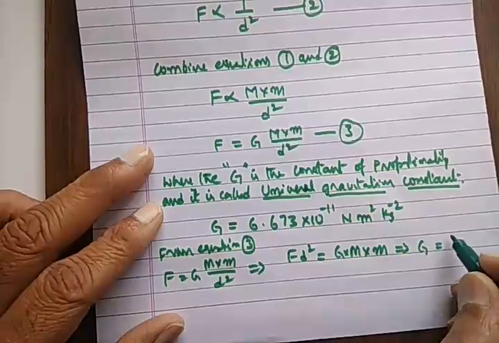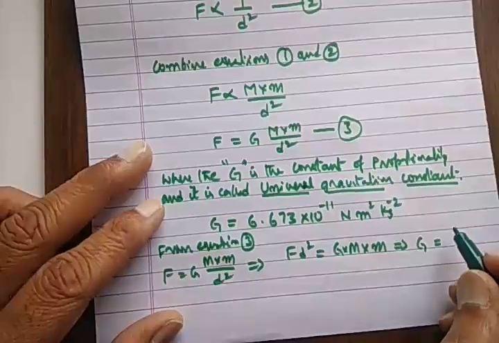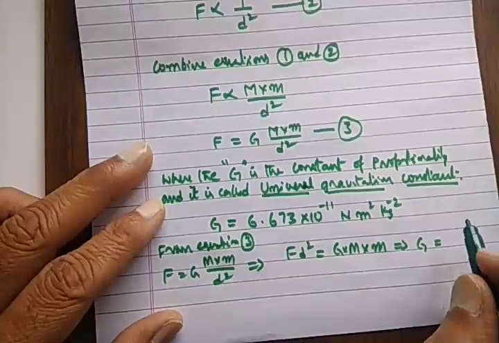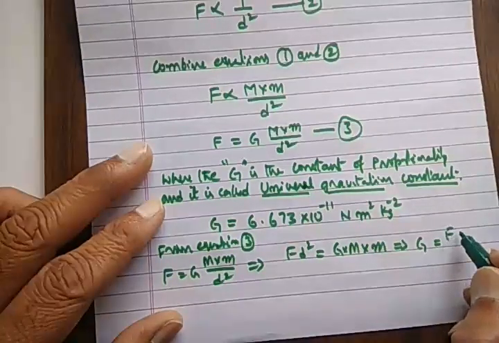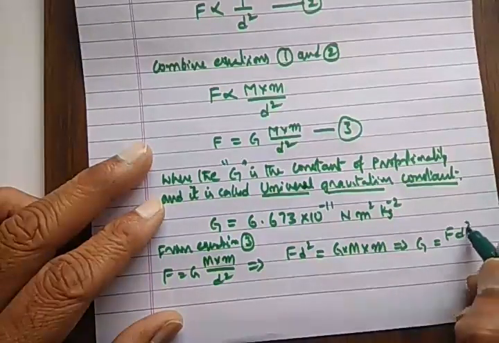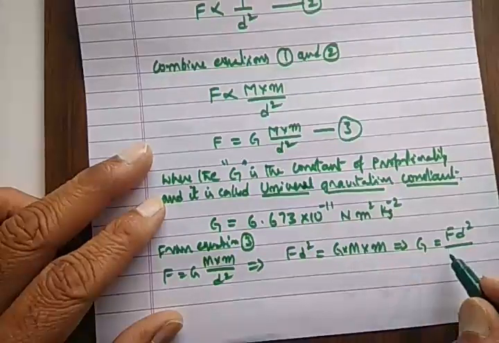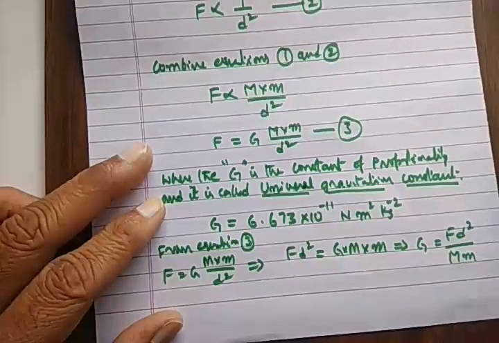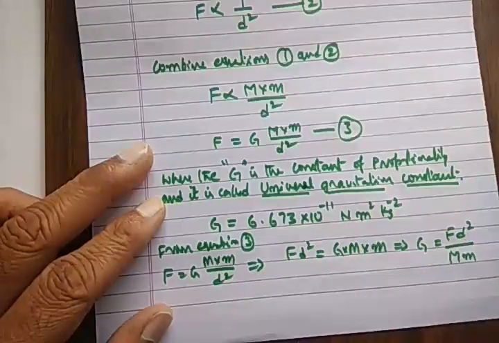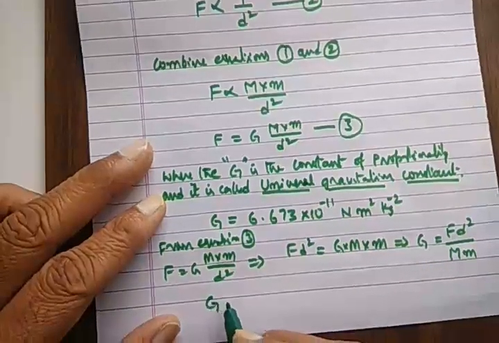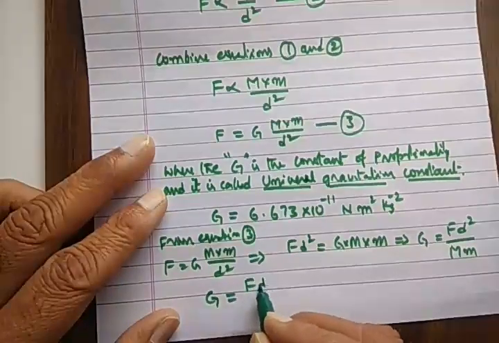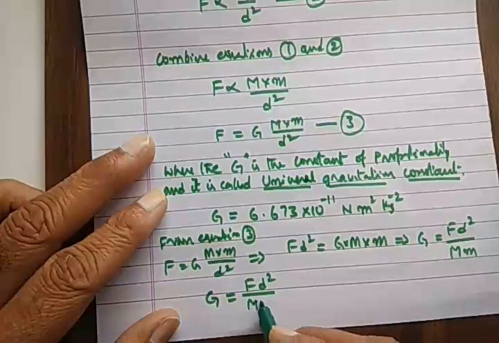So G is equal to F d square by capital M into small m. So G in terms of all these values. Now we will write here again G is equal to F d square by M into m.